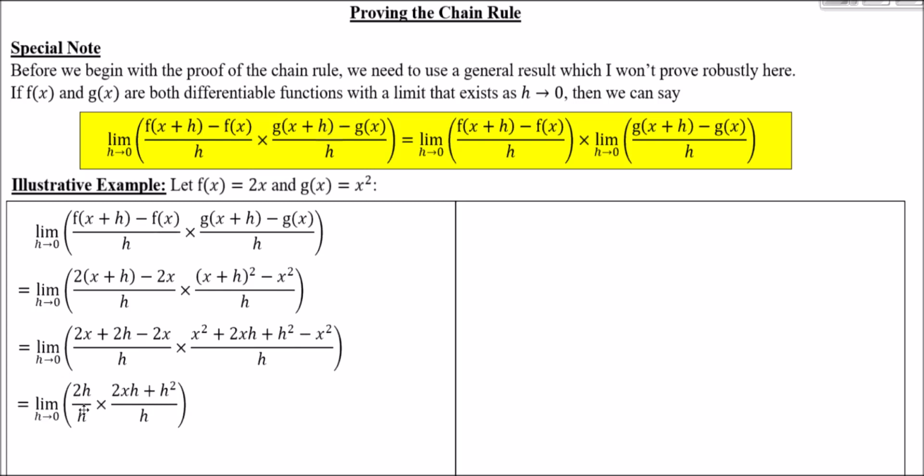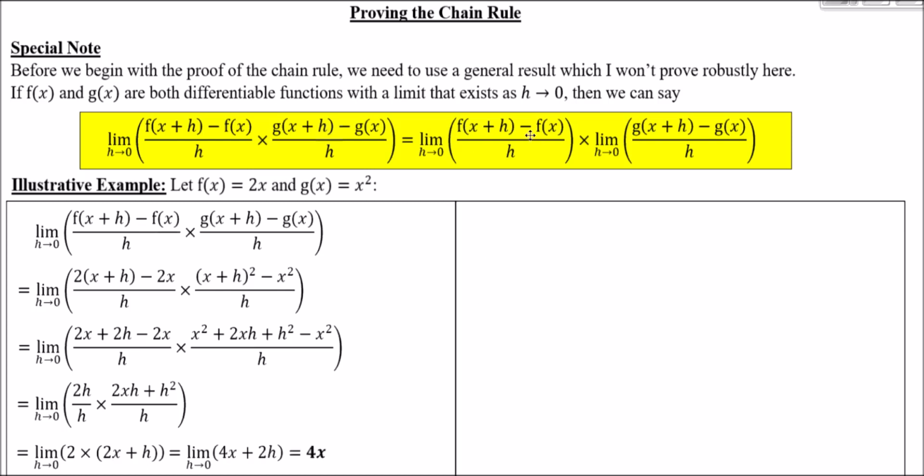This bit we can cancel the h's to leave us with 2, and if we divide through this second part by h, that will leave us with 2x plus h. So it simplifies to two lots of 2x plus h as h goes to 0. So multiplying by 2, this gives us 4x plus 2h. As h shrinks to 0, 2h vanishes, so we're just left with 4x.